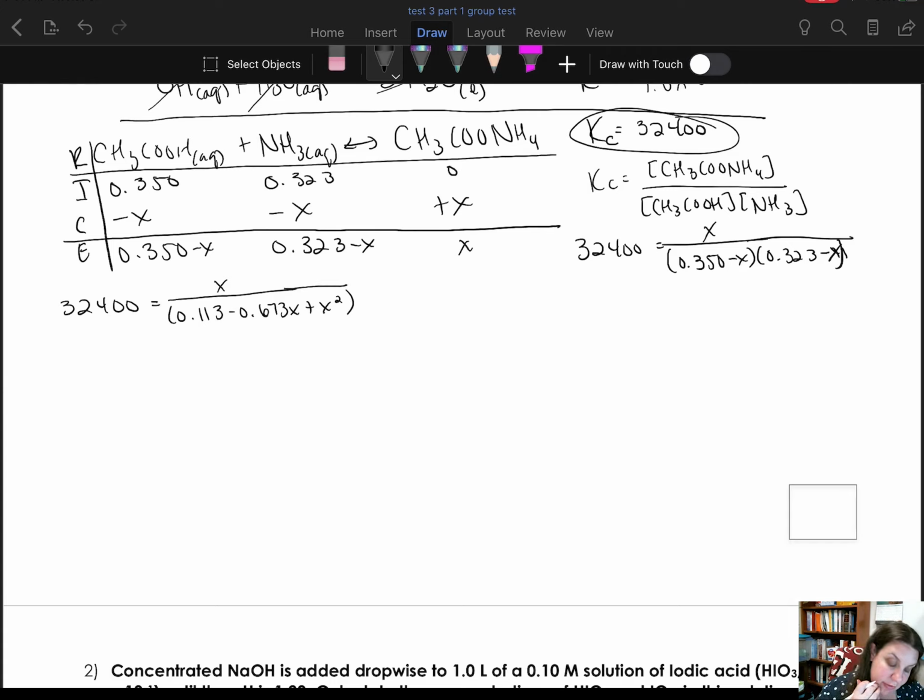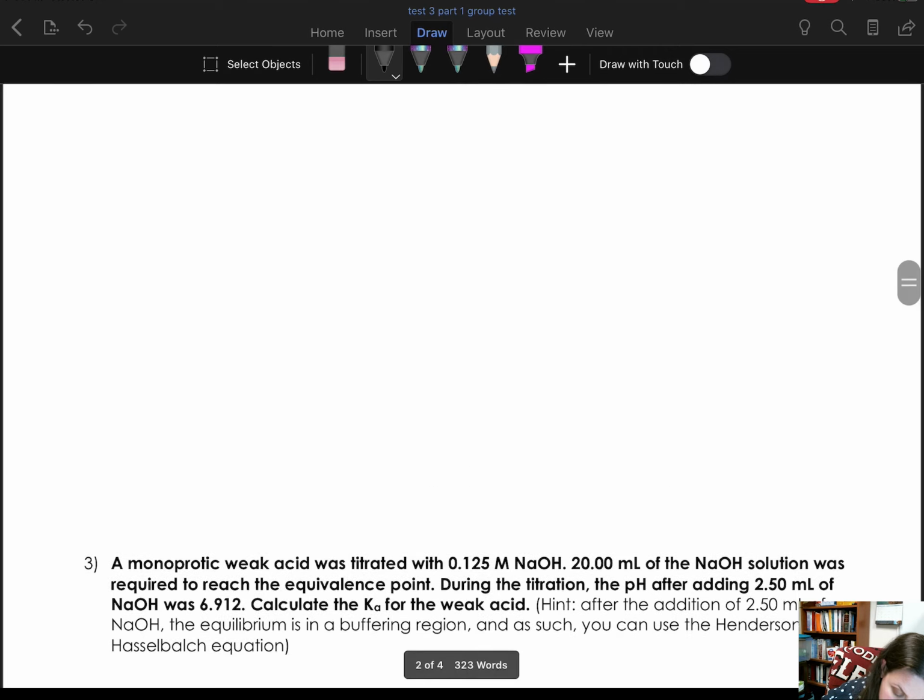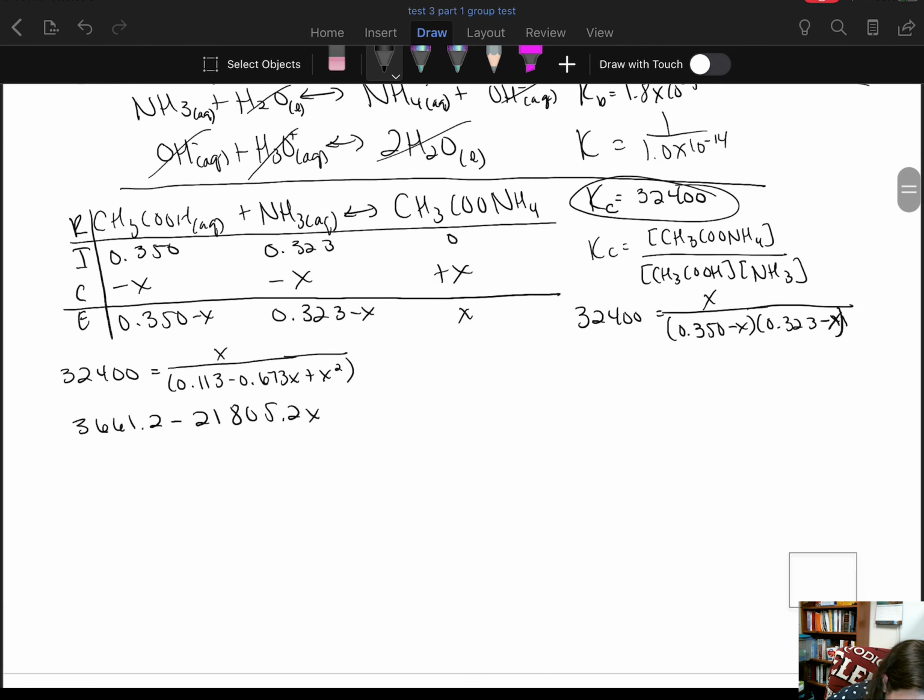Multiply both sides by our denominator, and we would get 3661.2 minus 21805.2x plus 32400x squared is equal to x, and then subtract x from both sides, we get 32400x squared minus 21806.2x plus 3661.2 is equal to 0.